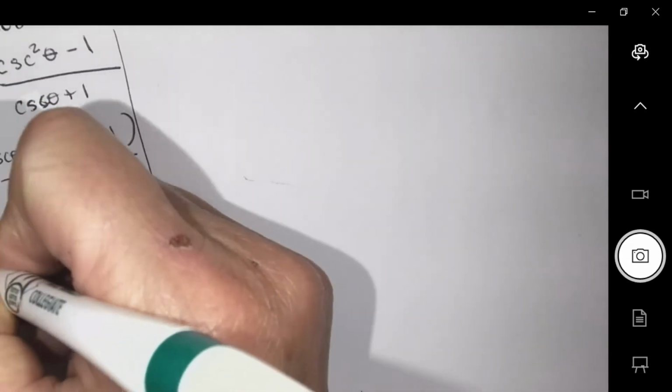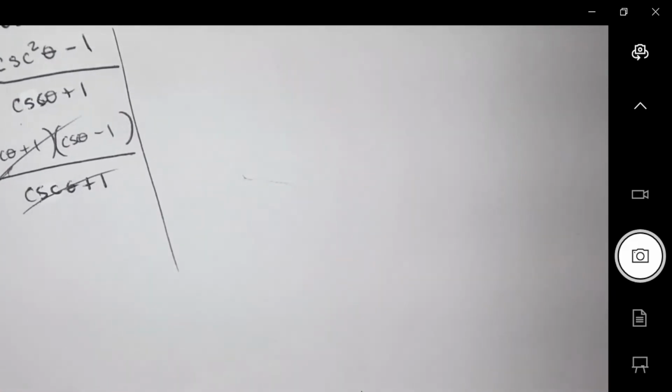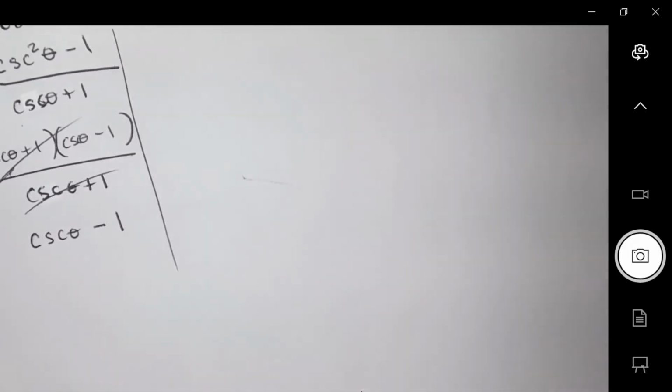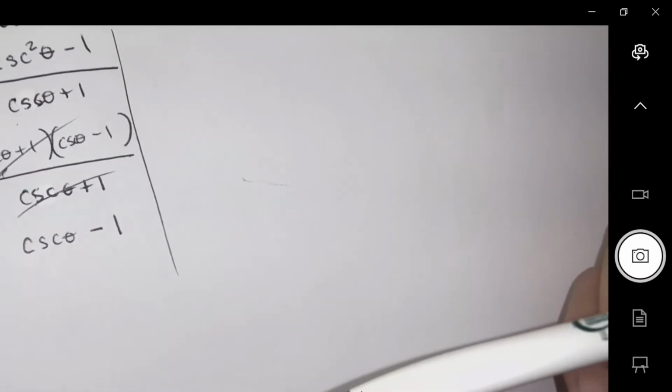Now I can do a cancel, because it was this times this divided by this. There were 3 units involved. So I can cancel. At this point, you can probably work from either side.